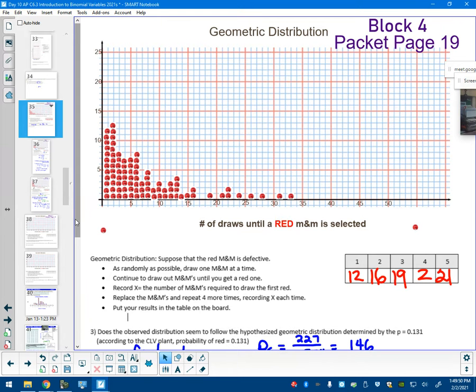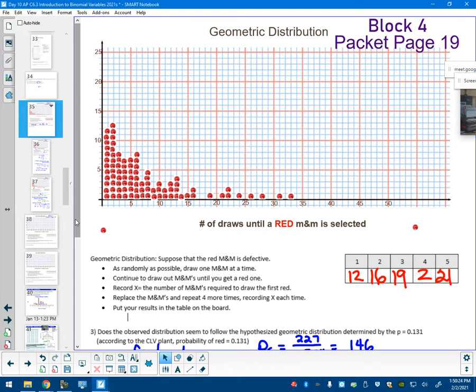Ones should go all the way up to 12. 2s should go up to 13. 3s should go up to 8. 4s should go up to 7. 5s should go up to 7. 6s should go up to 8.